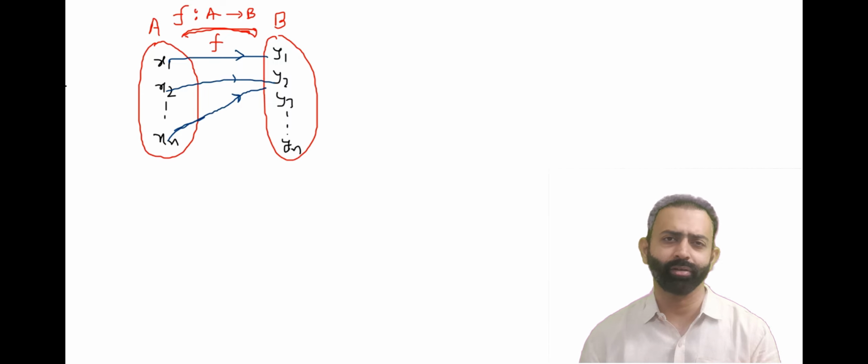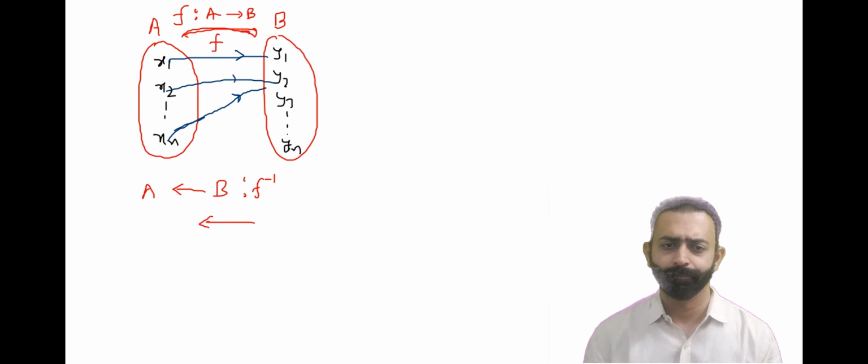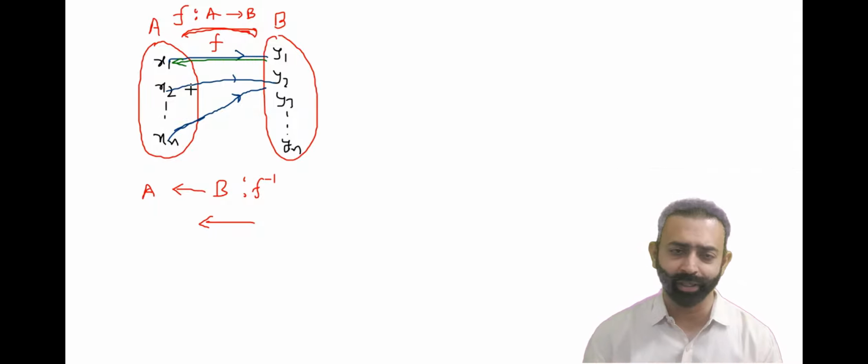Now for the reverse mapping, for the inverse function, output becomes input and input becomes output, meaning that the mapping will be from B to A. So I need to write this as f inverse, such that from B to A you should read in this direction, because I need to match the mapping diagram. The inverse function will be defined from B to A. So if I use another color to denote the mapping of the inverse function, that will be from y1 to x1 like this, or y2 to x2 like this.